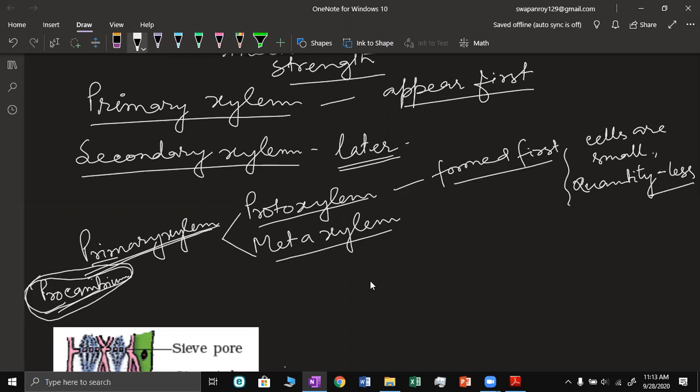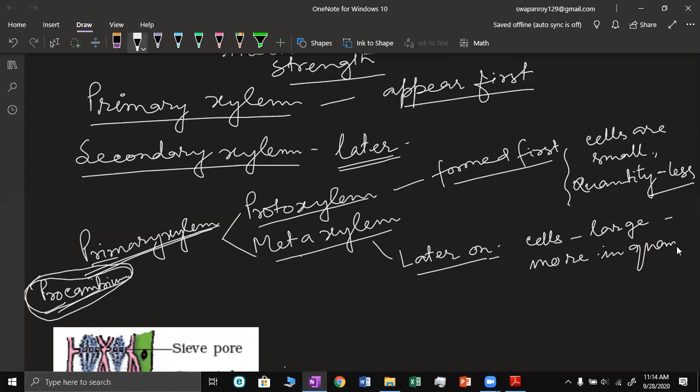Metaxylem is formed later on, and usually its component cells are large and the quantity is more. So, protoxylem and metaxylem.